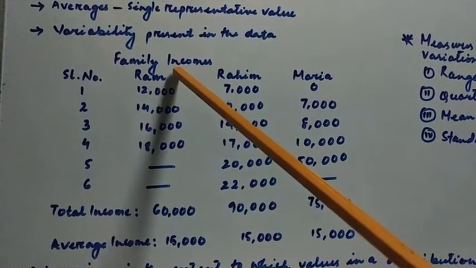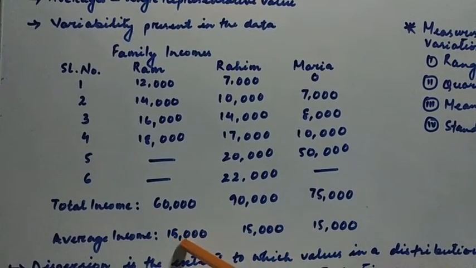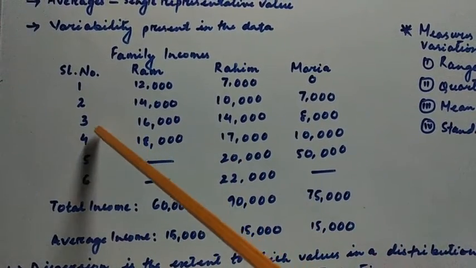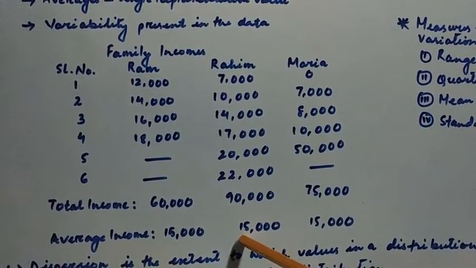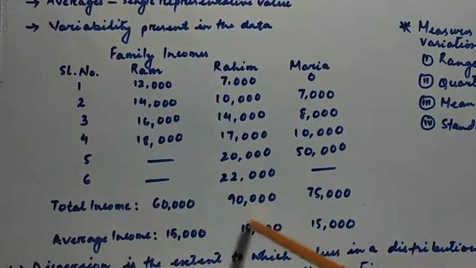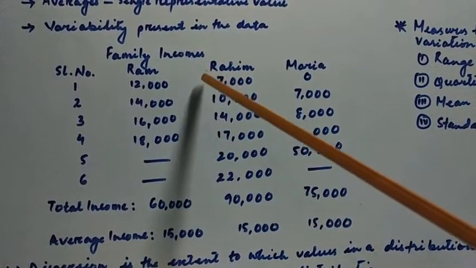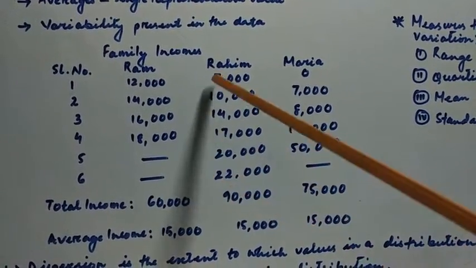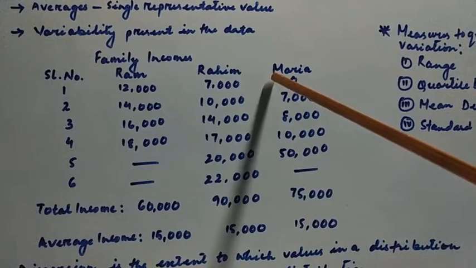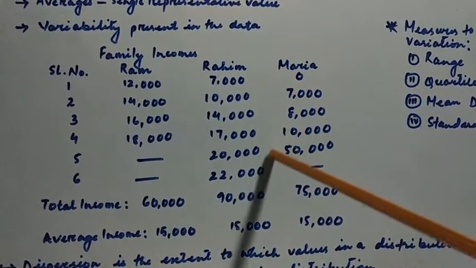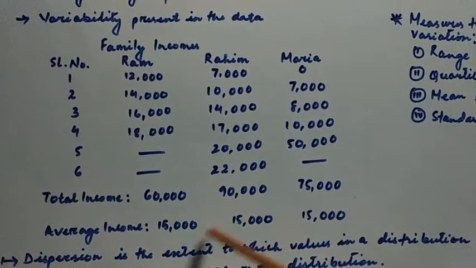The average income of Ram's family, with 4 members, is 15,000. Again, Rahim's average income is the same as Ram's, 15,000. And Maria's family's average income is also 15,000. So the average income of all 3 friends is the same, 15,000.